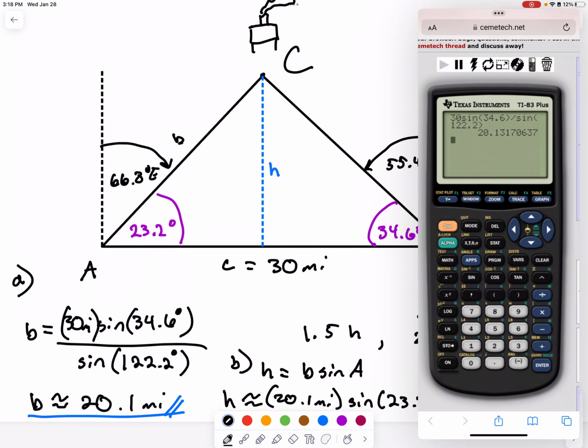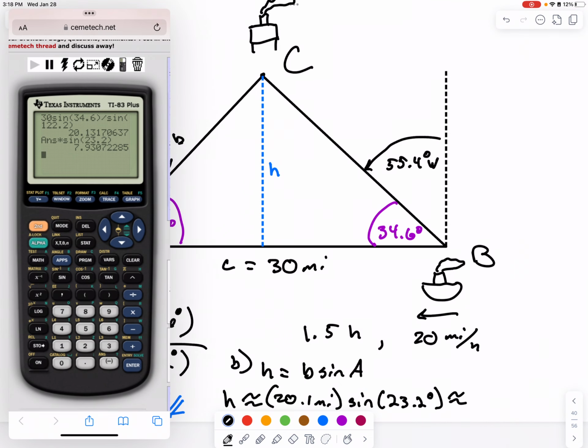So we're going to say that result times the sine of 23.2. So about 7.9 miles or 8 miles.